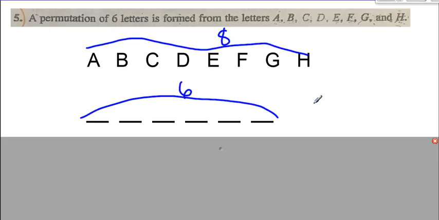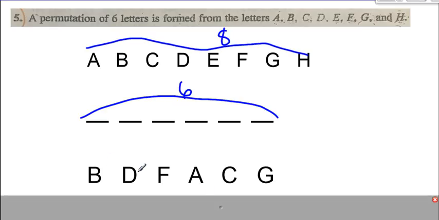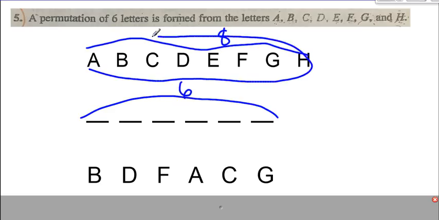So obviously order matters, so we can use factorial, we can use fundamental counting principle, or of course permutations itself. So one example is here. Here is a 6-letter permutation made up of only elements in this 8-letter set, and again it's 6 letters long. So that's one of all possible permutations.